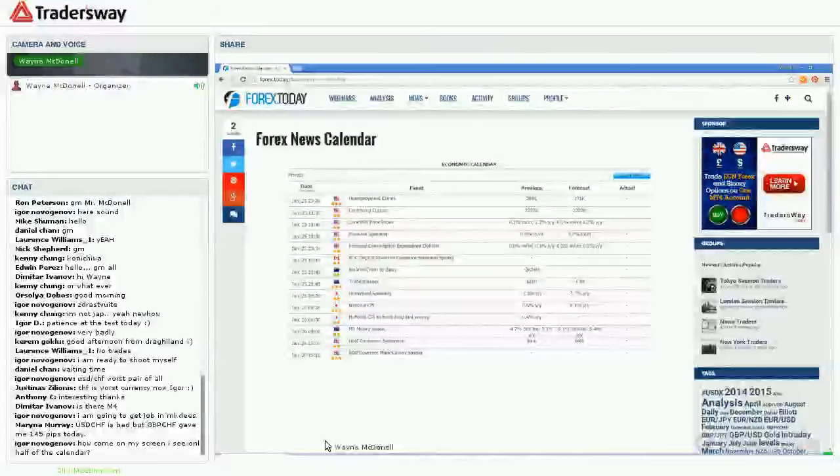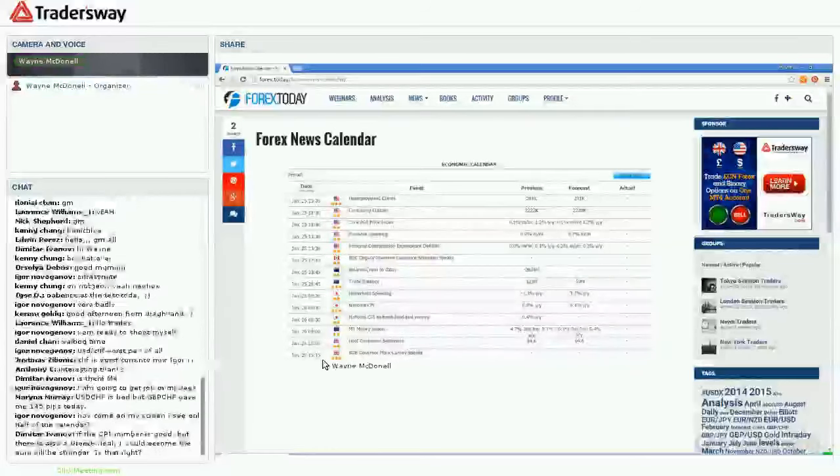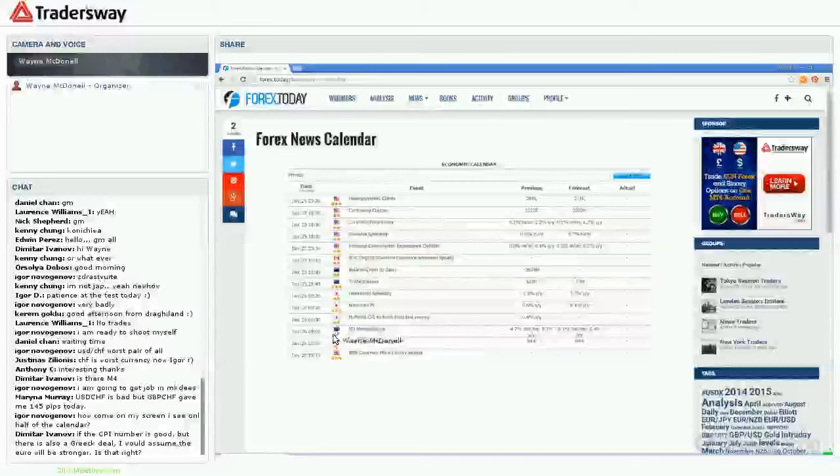So some Kiwi news, huh? A little later in Asia, Japanese CPI. So a good day to trade the Asian session. I don't think this stuff matters that much. Eurozone total money supply. Well, it's growing. We know that.